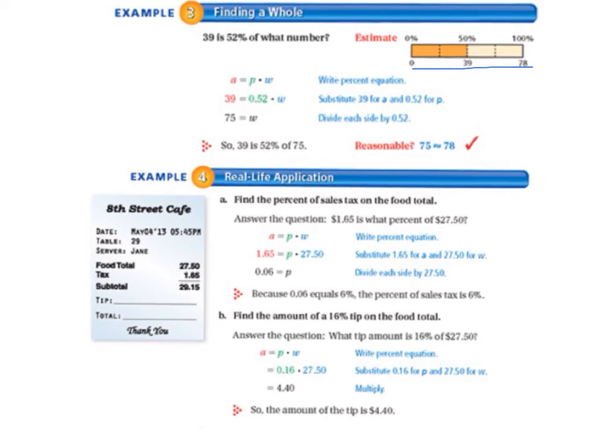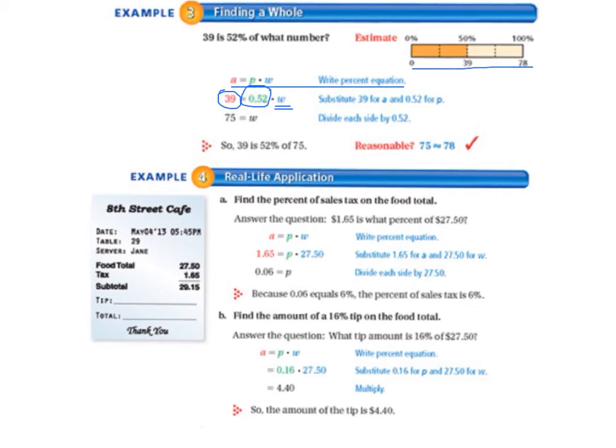So we write our percent equation and we substitute 39 for A. 39 is our part. And we changed 52% to a decimal and substitute that in for P for our percent, and then we're solving for W, we're solving for the whole.